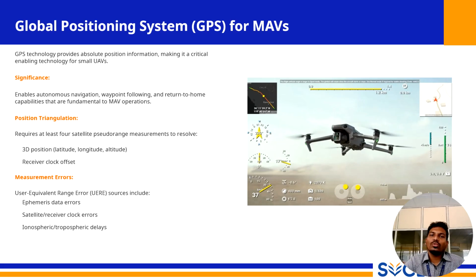Advanced GPS systems use dual frequency receivers and augmentation systems to model and correct for these errors. But for a typical MAV, it is important to understand that these environmental factors will always introduce some degree of uncertainty into the positional measurement.